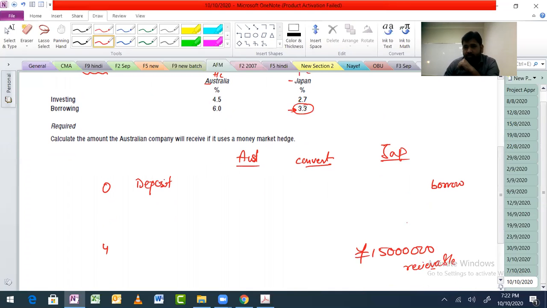Now what you are going to do is divide this 15 million by 1 plus the rate, which is 0.033 times 4 by 12. Basically it is 1/3, you can see. So 1.1 will be your final answer, but still do it. Give me the final value in yen. How much should I write here?